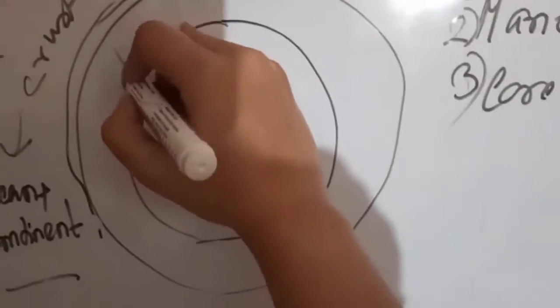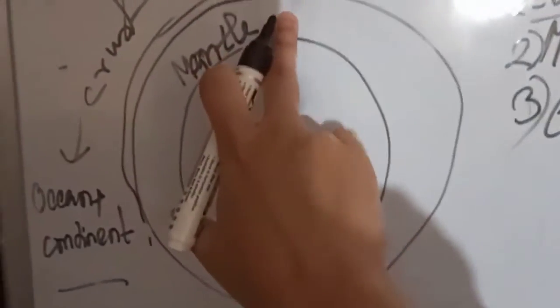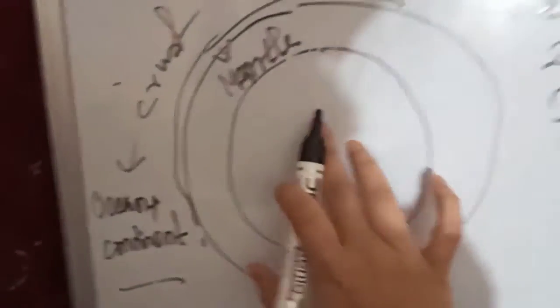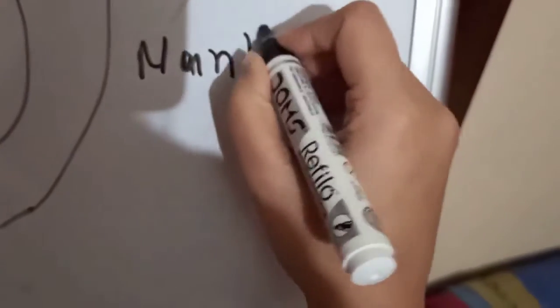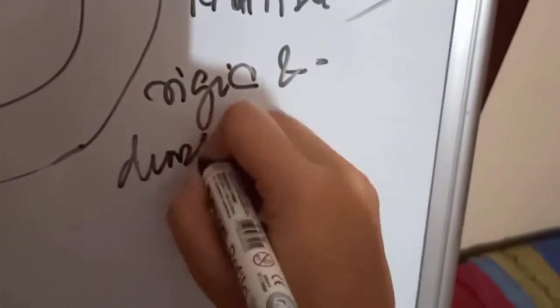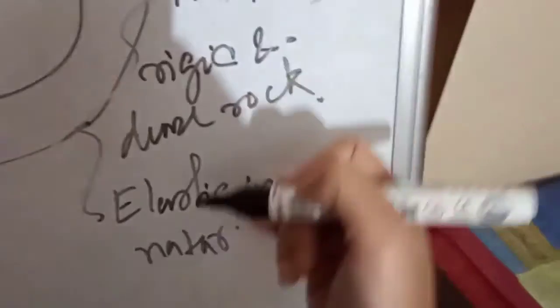Next is the mantle. It is the second layer of the earth's interior. The mantle lies just below the crust. The mantle basically has two characteristics.